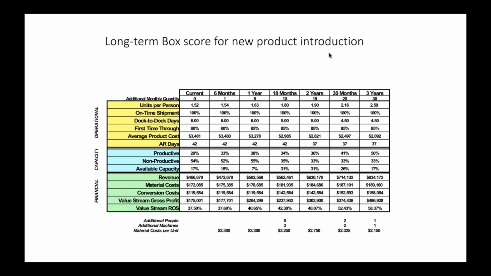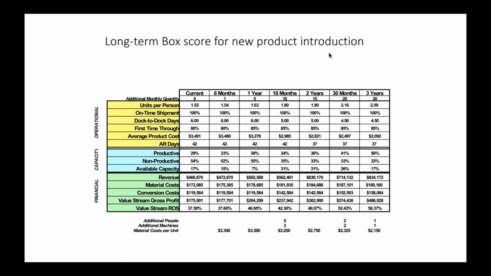If you're looking at a long-term impact of a new product, this company, in this example, did a 3-year box score. Again, based on the best numbers that they know, what they were looking for is when will we have to add resources over time based on additional demand.